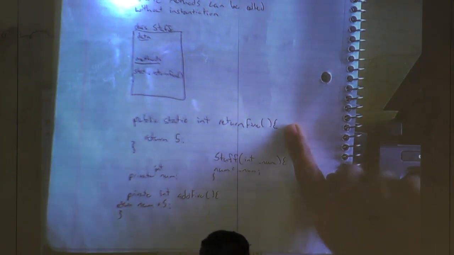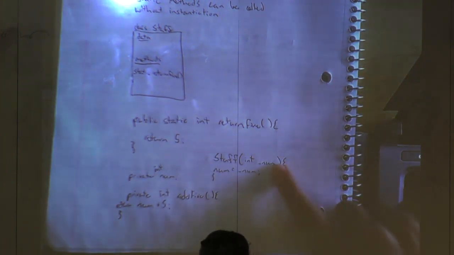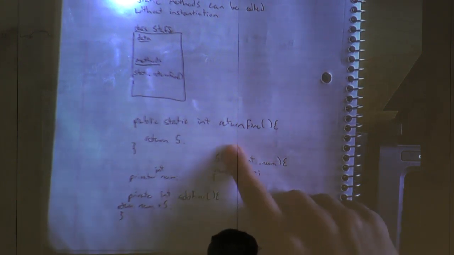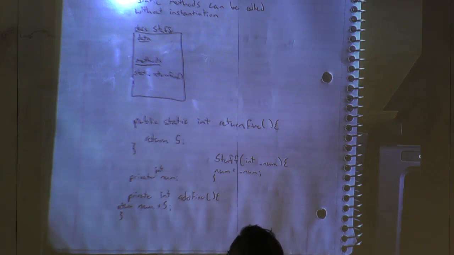Which is compared against this static method, which has no dependency on a successful instantiation of the class to do what it's supposed to do, which is just return the integer 5.